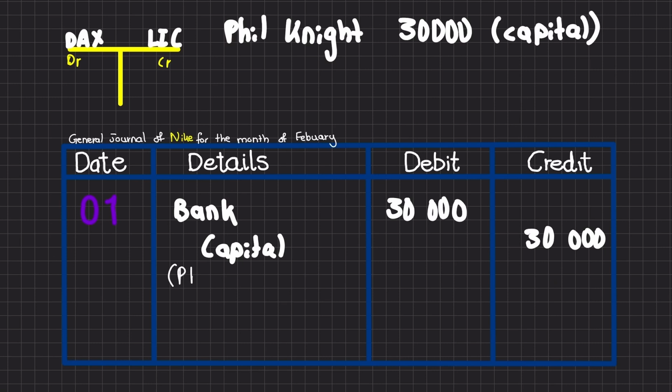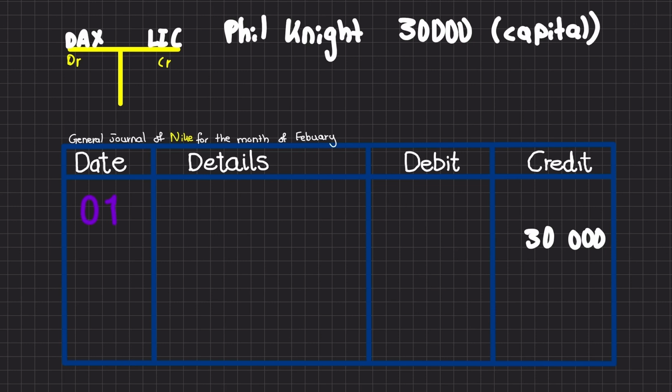So over here we will say Phil Knight contributed 30,000 capital on the 1st of Feb. And that is how we answer that question. That's how we enter a transaction into our general journal.